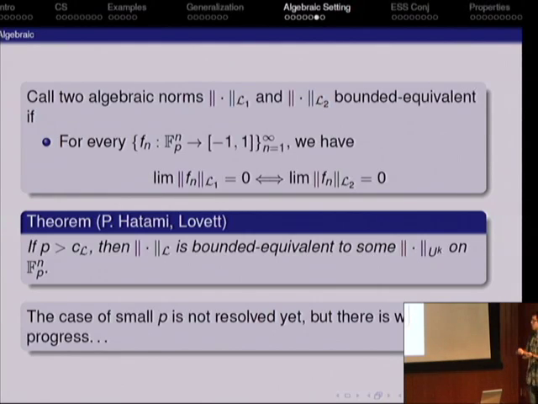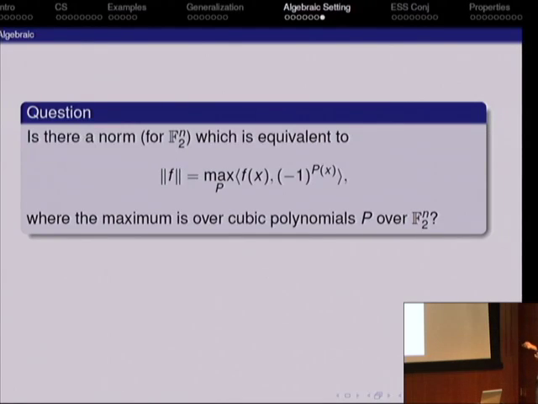So we can show that every such norm belongs to a certain class, but this class is a bit larger than all Gauss norms. Let me mention something explicit. If you just look at F_2^n and this norm, which is just the maximum correlation of f with (-1)^{P(x)}, where P(x) is a cubic polynomial in n variables over F_2, take the maximum over all such polynomials, then this is a norm.